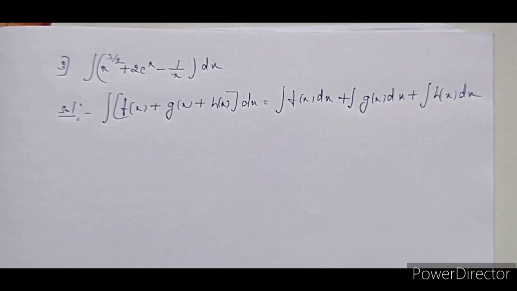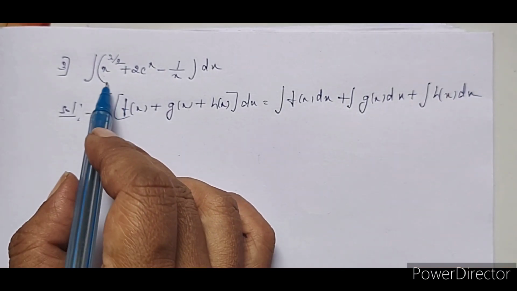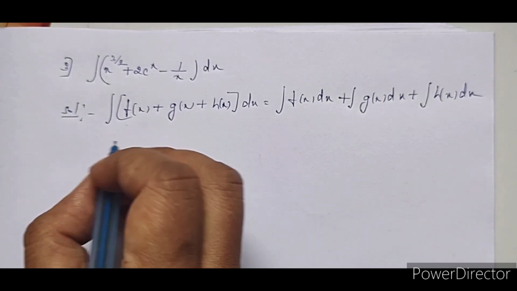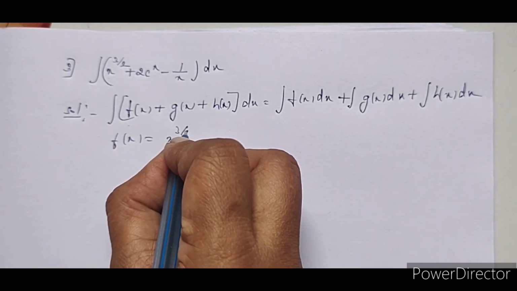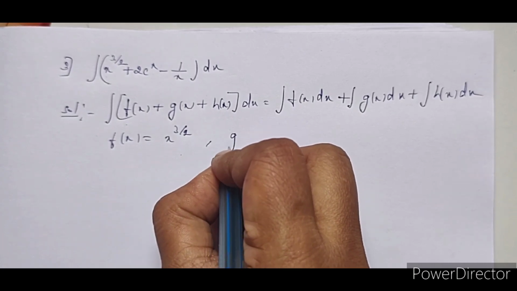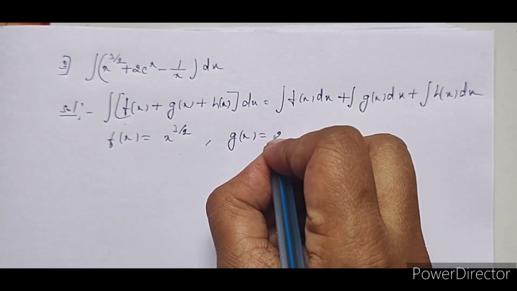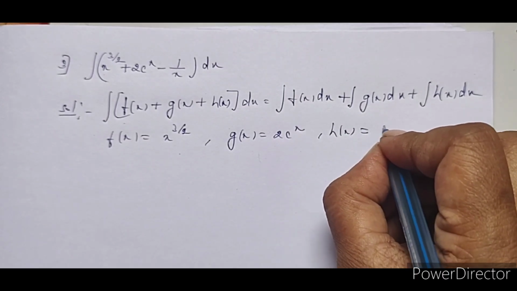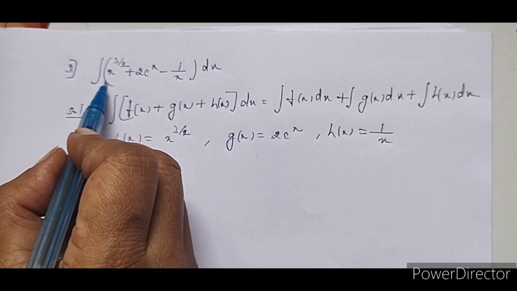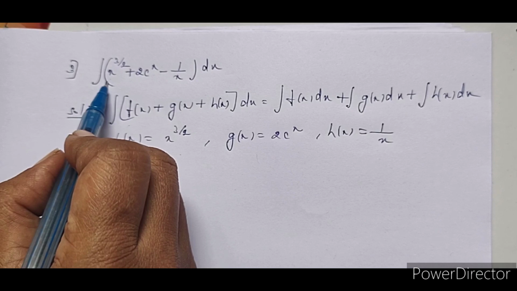Okay, so when you compare the given integral with this, what is f of x? F of x is x to the power of 3 by 2. The second function g of x is 2 into e to the power of x, and h of x is 1 by x. We know that the first term can be solved using the standard formula for x to the power of n.